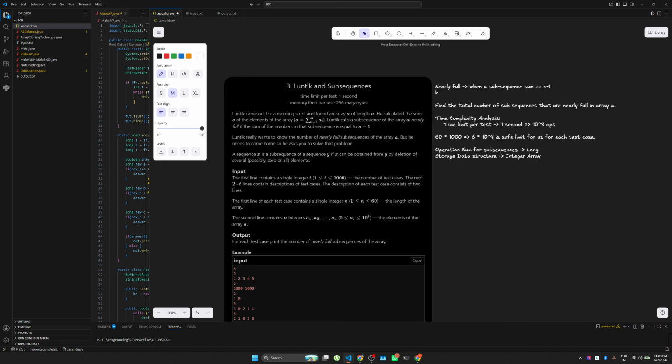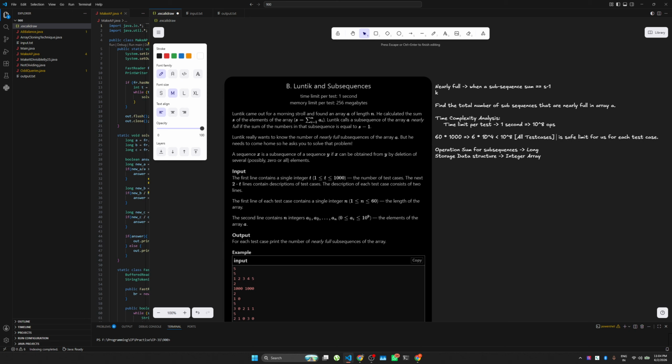So I mean, this total is well below the limit that we are provided, which is 10 to the power 8, and this is for all test cases.